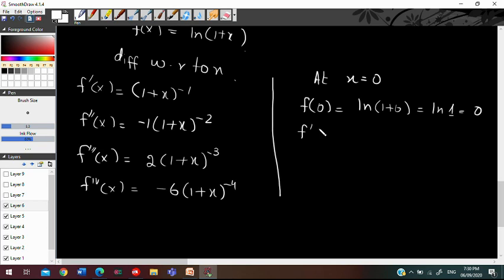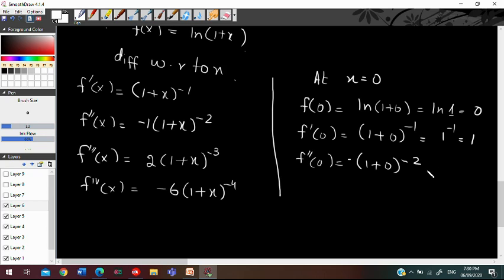Now f prime of 0 is (1 plus 0) power minus 1, and 1 power minus 1 is equal to 1. f double prime of 0 is equal to minus 1 into (1 plus 0) power minus 2, and this is equal to minus 1.